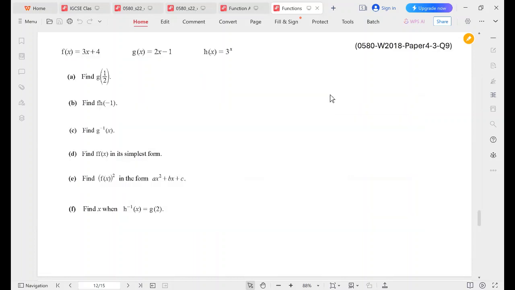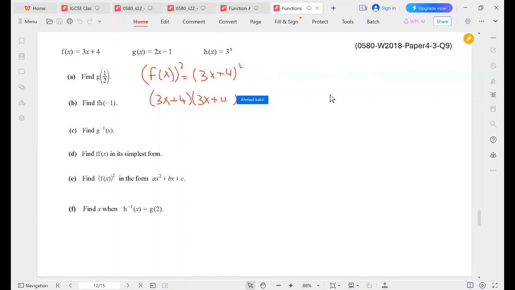In E, we are required to find f of x all squared. So f of x all squared is the same as 3x plus 4 all squared. Of course, you can just multiply the bracket by itself. So 3x plus 4 times 3x plus 4.